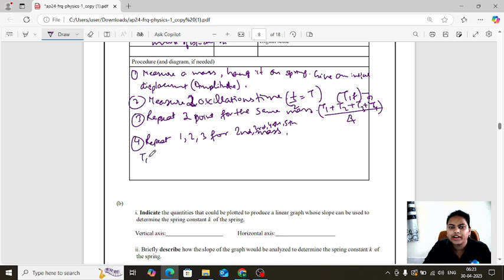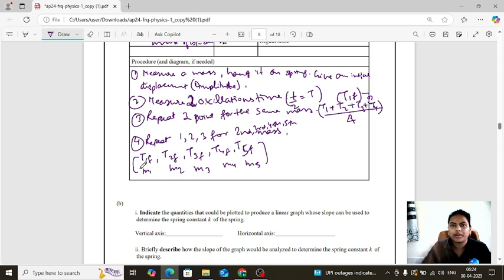So you would get T1 final, T2 final, T3 final, T4 final, and T5 final. This is for mass M1, this is for M2, M3, M4, and this is for M5. These data you have to record. You can make a table and write all the masses M and the times T.